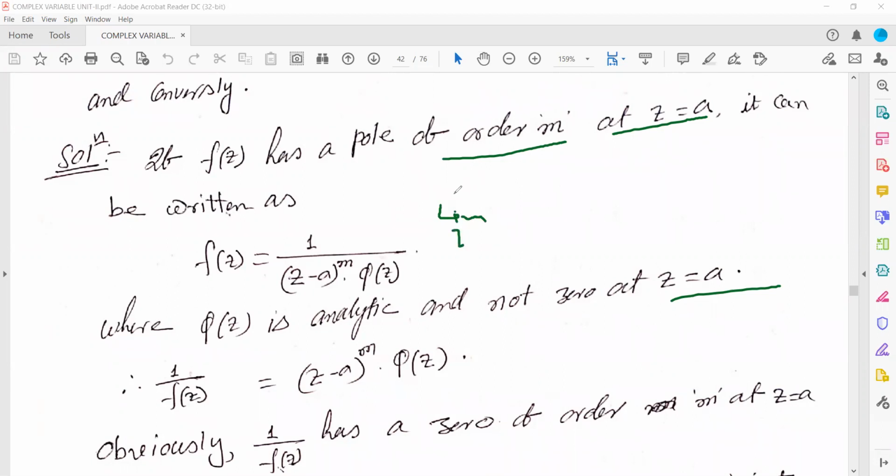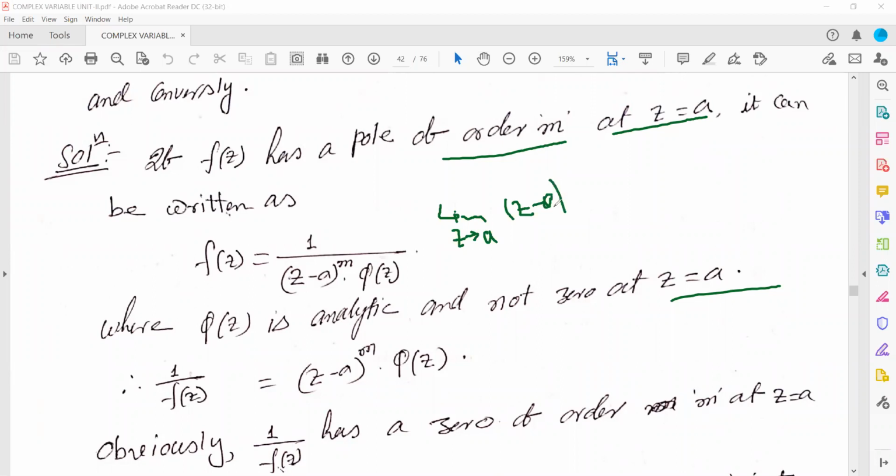Already I told you how to check whether a singularity is a pole or not, and if it is a pole, what the order of that pole will be. So already I told you to find the limit. If a is the singularity, then find the limit as z tends to a of z minus a.